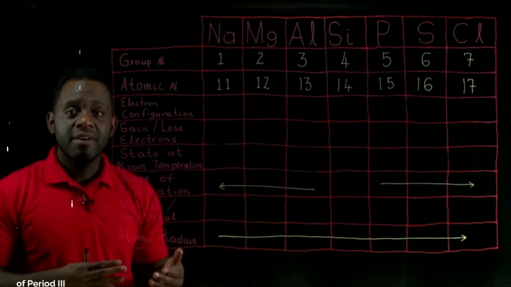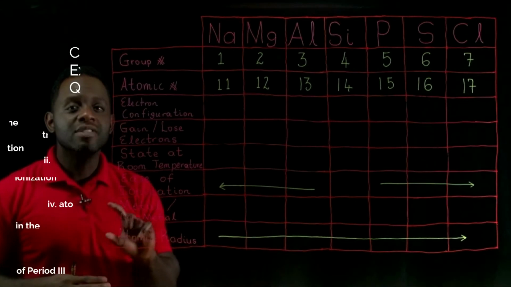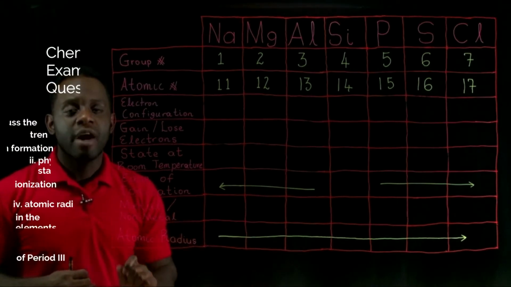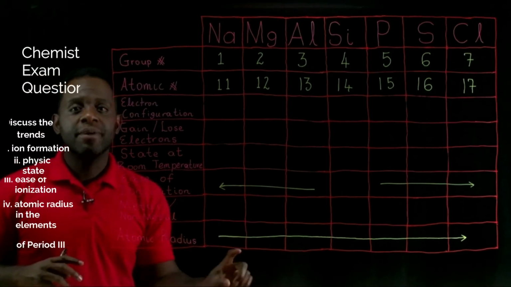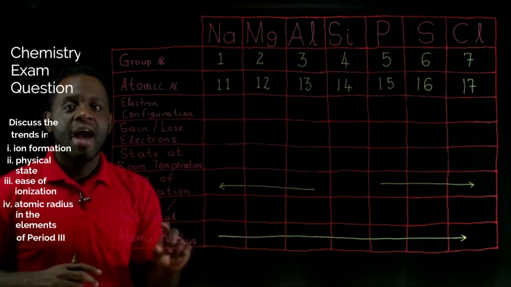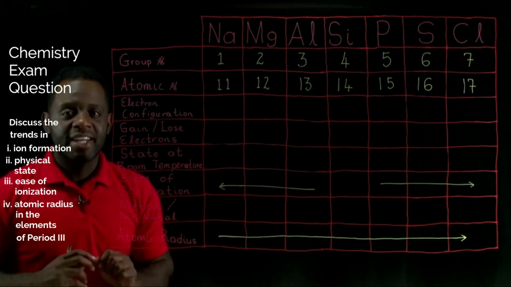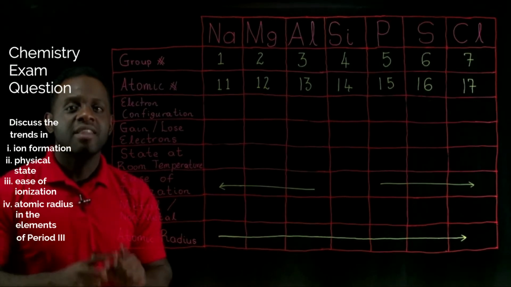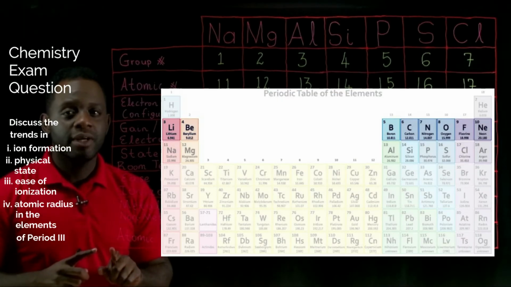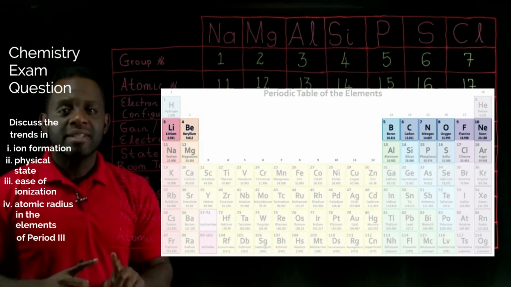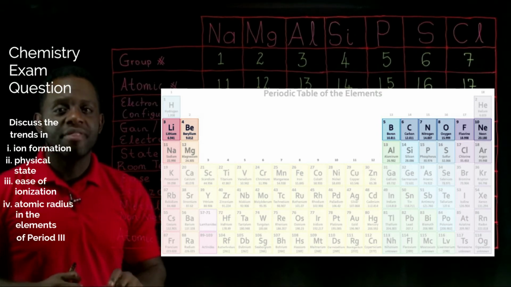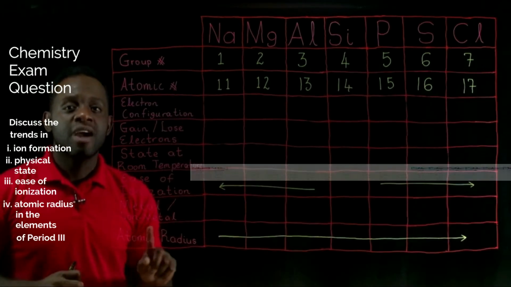So the term period describes the horizontal rows in the periodic table. The first period at the top of the table has just two gaseous elements, hydrogen and helium. The second row or period starts with the metal lithium and ends with the noble gas neon.